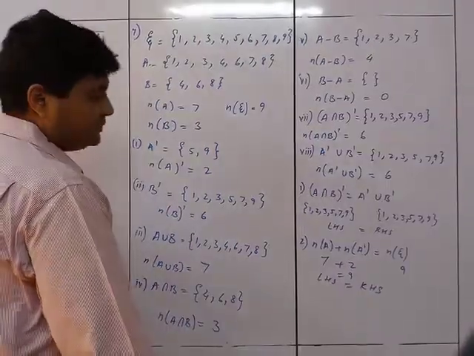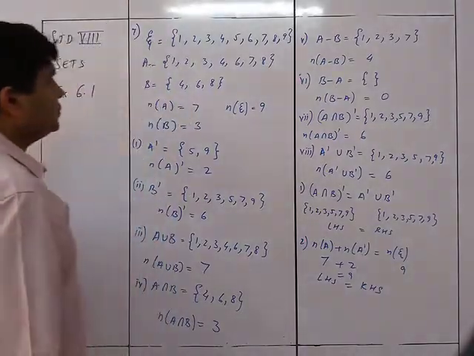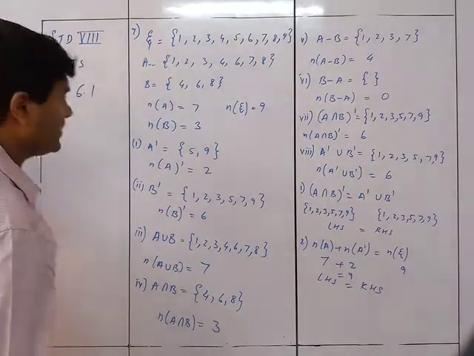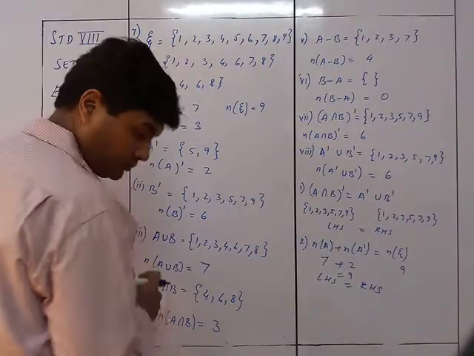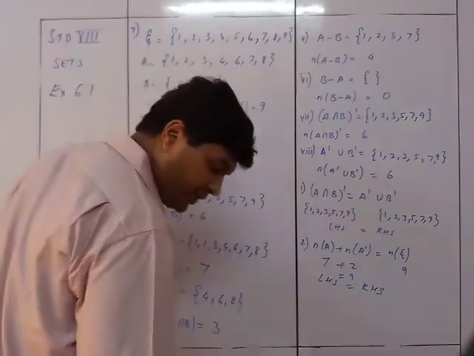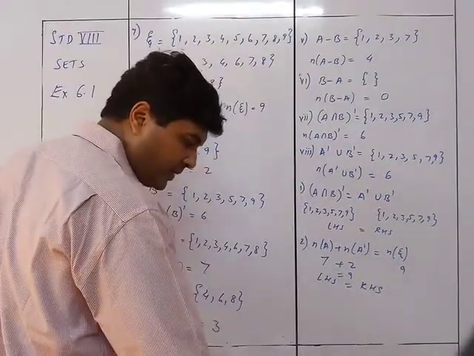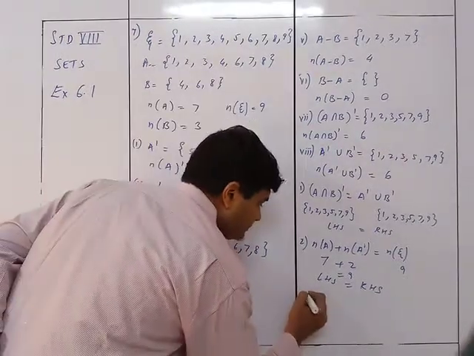Now the next one. Let me erase this part so that it's not a problem, because what we read over here is only the n part. This is the C part.